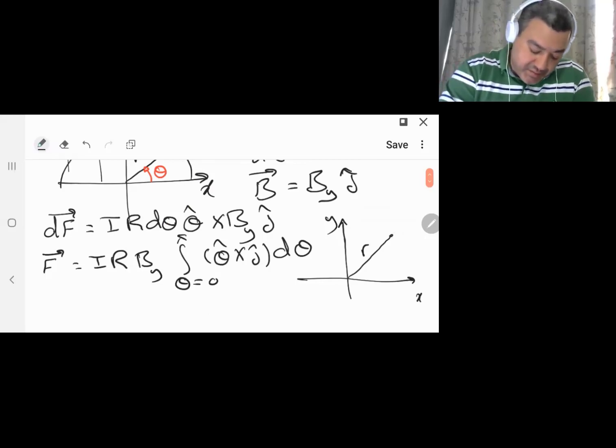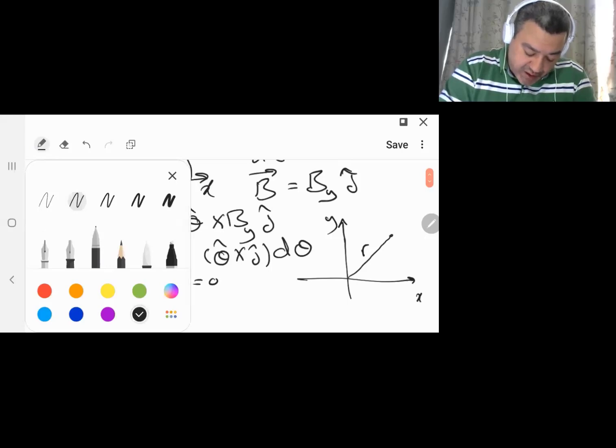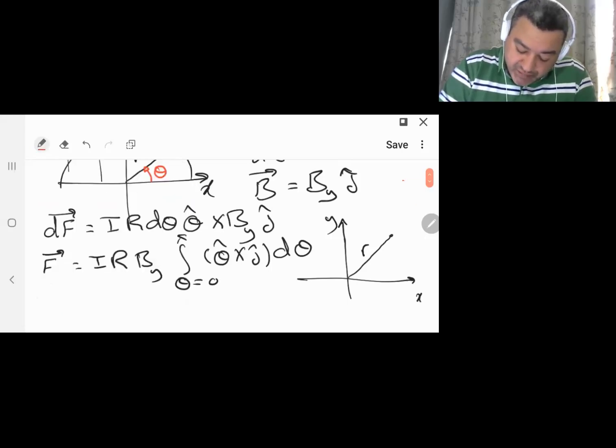Then my x and y unit vectors at this point would be i hat, which is perpendicular to j hat.